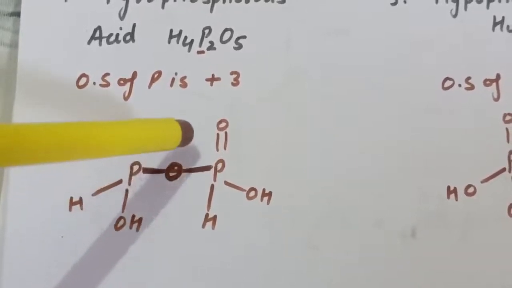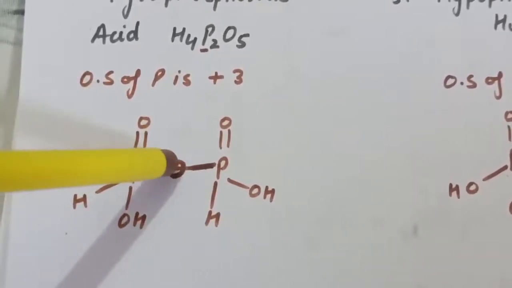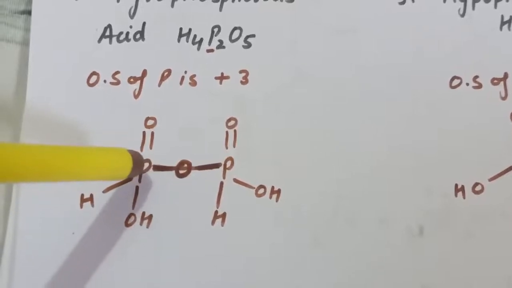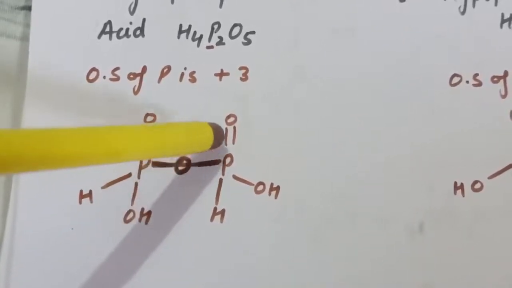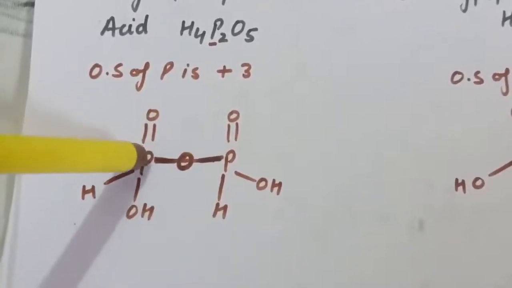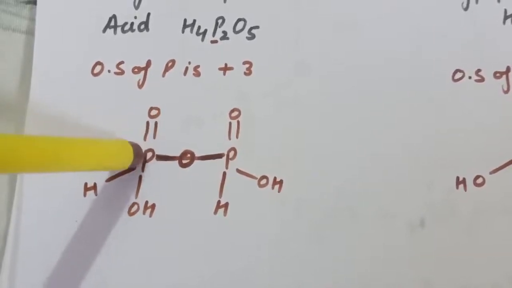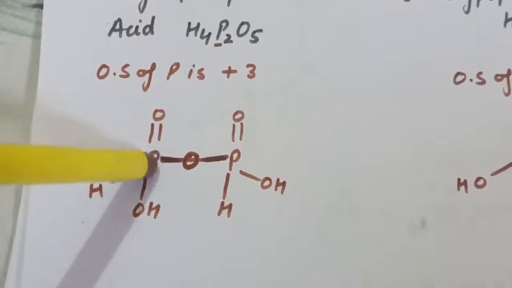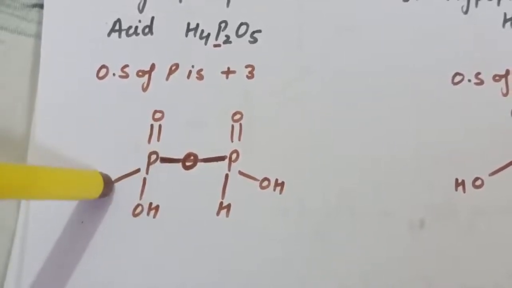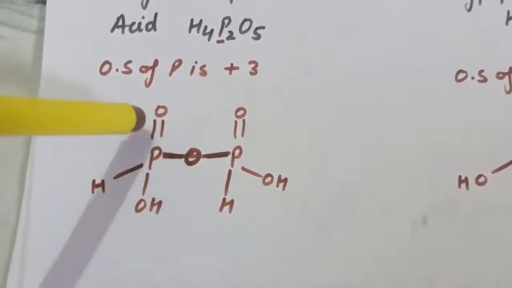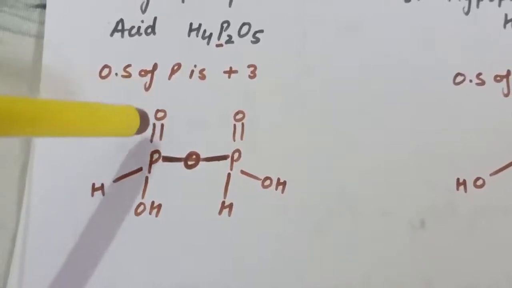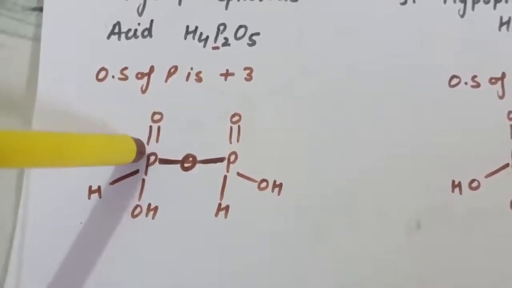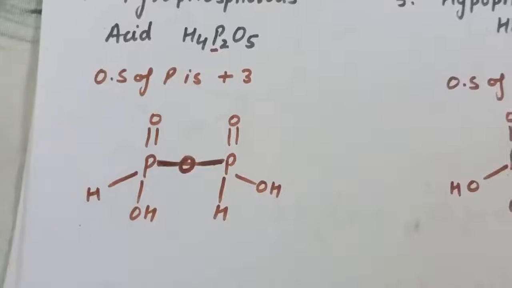In between the two phosphorus we have an oxygen bond. So we have one phosphorus-oxygen-phosphorus bond, and on each phosphorus we have one phosphorus-oxygen double bond, one phosphorus-OH bond and one PH bond. So this is the structure of H4P2O5, and the oxidation number of phosphorus is +3 in H4P2O5.